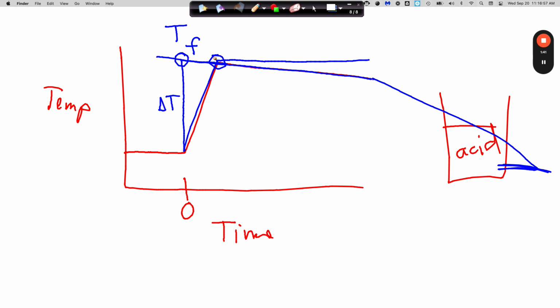Now, guys, notice beneath that, it then goes on to part B. Here you're using 50 milliliters of sodium hydroxide. Oh, I had it backwards. The sodium hydroxide goes in the calorimeter, and then you'll add the acid later. It doesn't really matter.